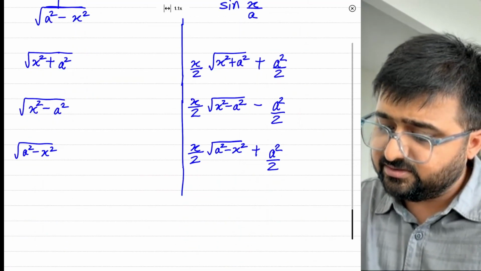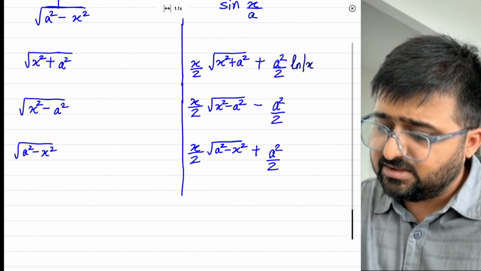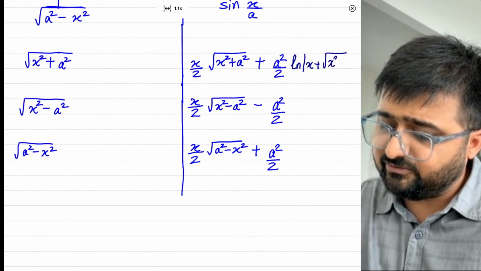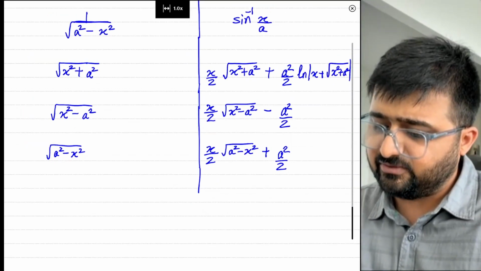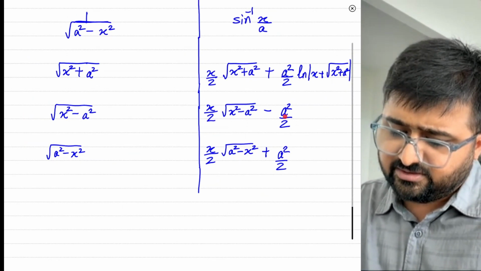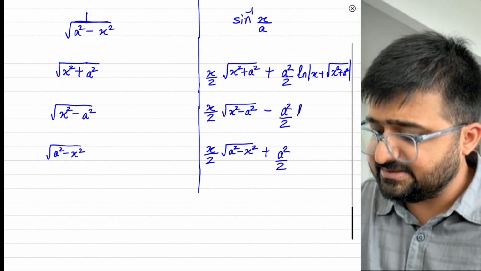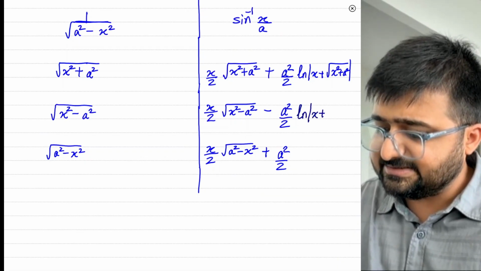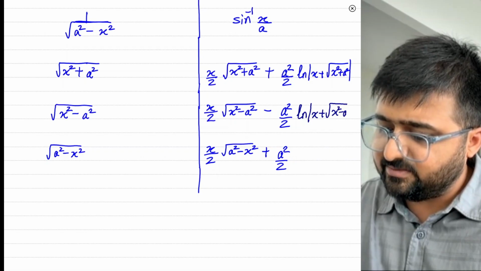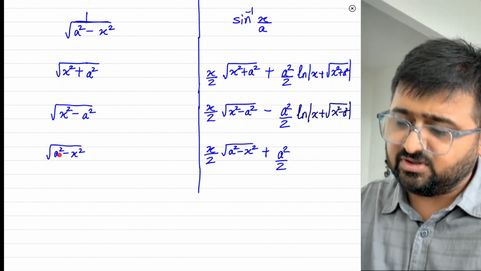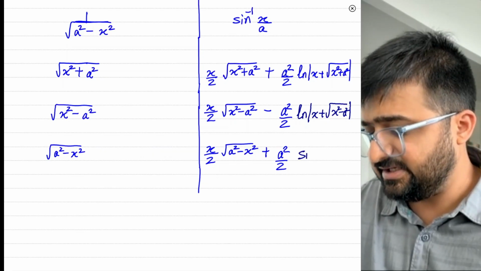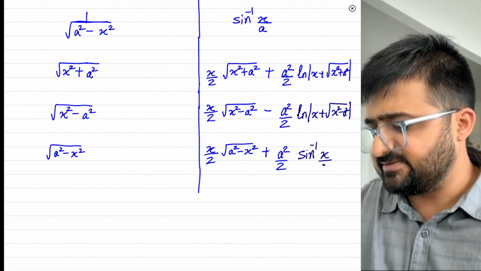So over here you just write ln of x plus square root of x square plus a square. Okay, that's the formula that I have for that integral. Even here the reciprocal of this, the formula is ln of x plus square root of x square minus a square. Okay, and here the reciprocal of this, the integral, is sine inverse of x by a.